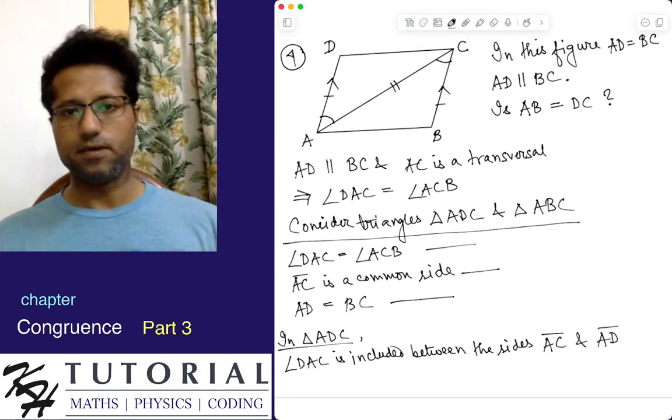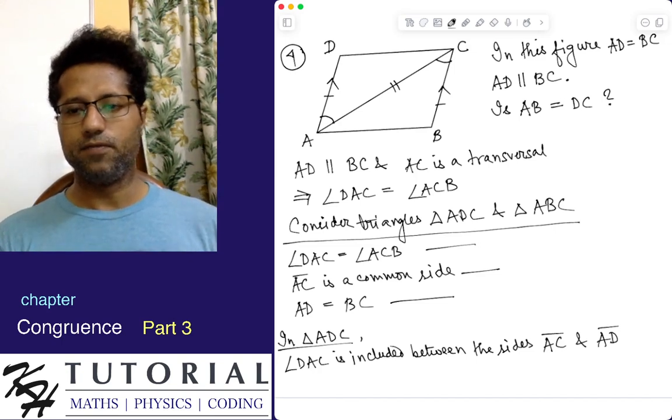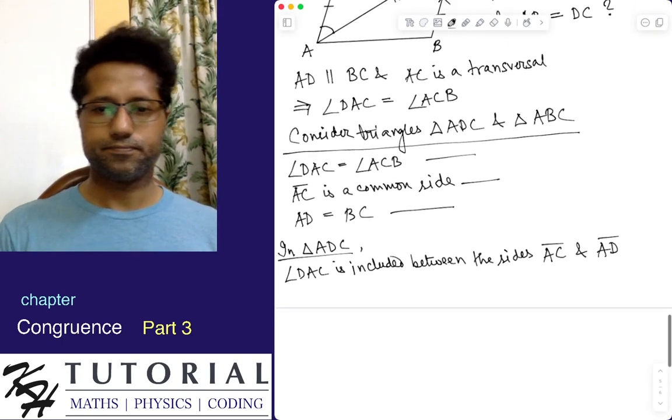It is clear that angle DAC is an angle included between the sides AC and AD.